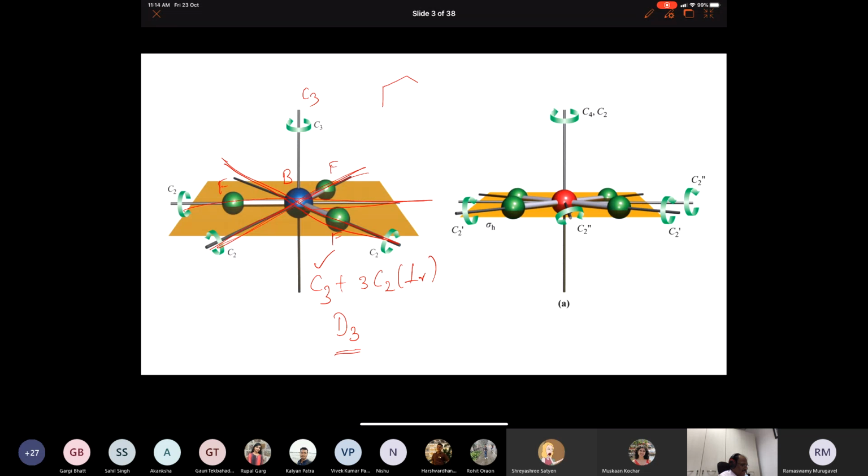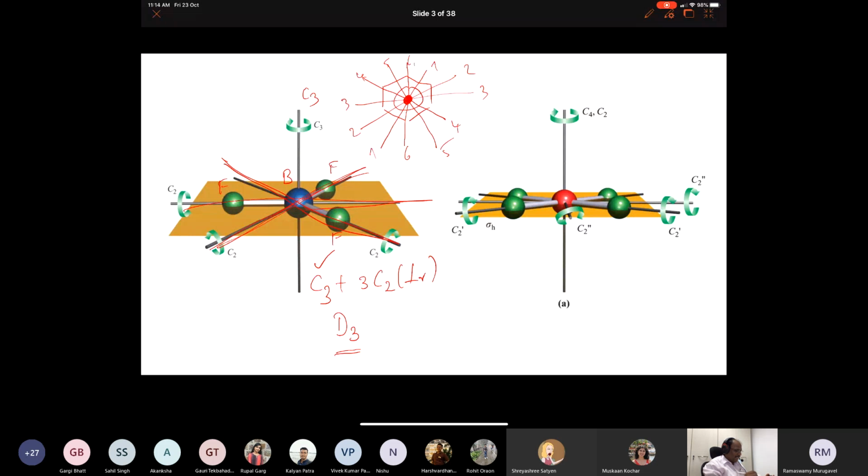Another beautiful example is the benzene molecule. Benzene has a C6 axis running through the center of the ring from top to bottom. I don't know whether you can see my hand on the other computer. So you have a benzene ring, and you can imagine the C6 running through the center, and then you have C2 axes here, here, and here, six in all: 1, 2, 3, 4, 5, 6, and 6 prime, 5 prime, 4 prime, 3 prime, 2 prime, 1 prime.